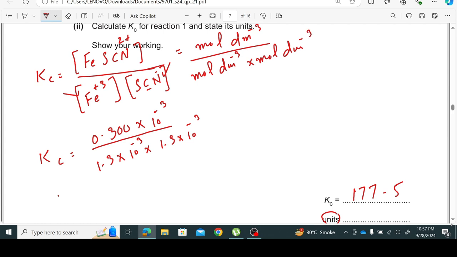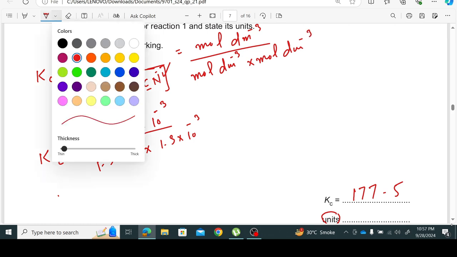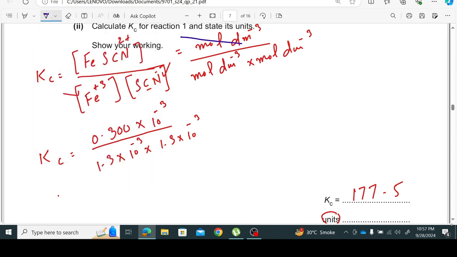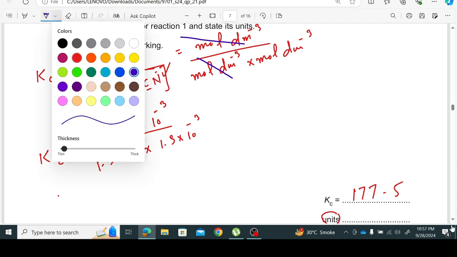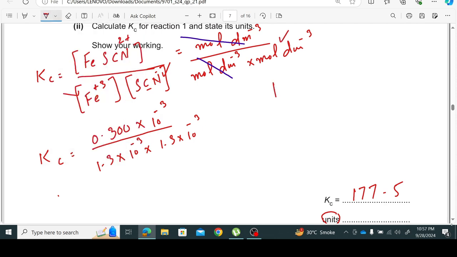Okay? So now you know, your teacher might have told you, so this mole per dm cube cancel with this mole per dm cube. Understand? So denominator will cancel out with one of the denominator, and you will get this value again. It will become 1 over mole dm cube.